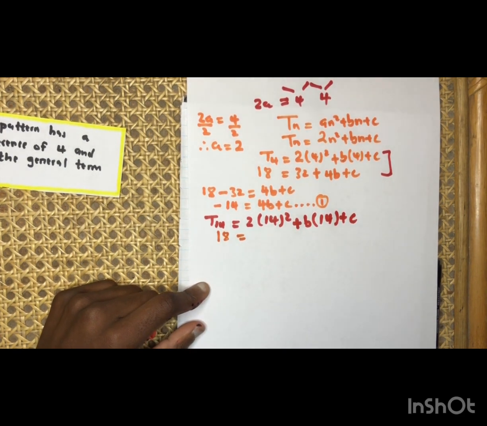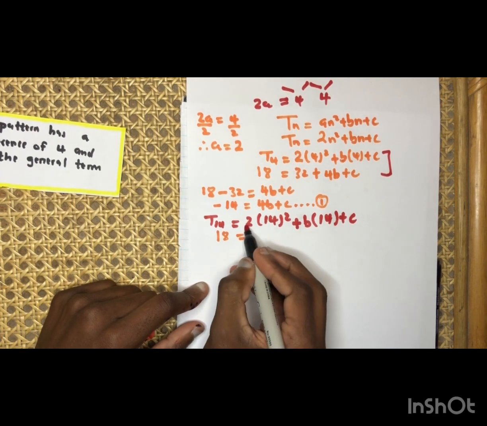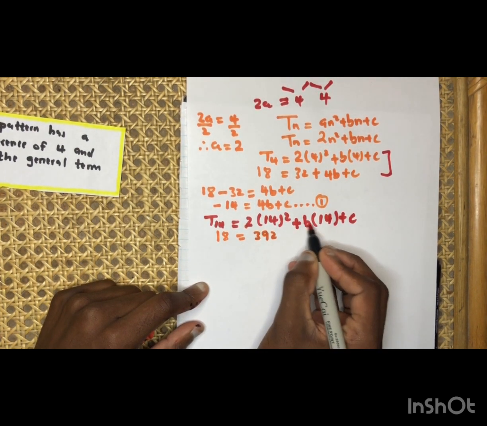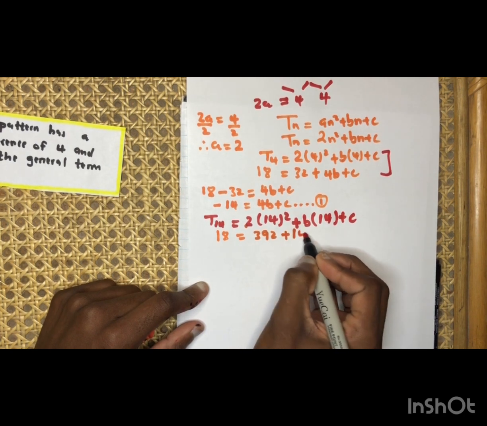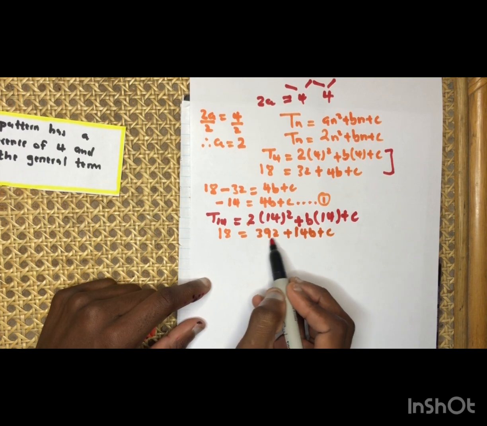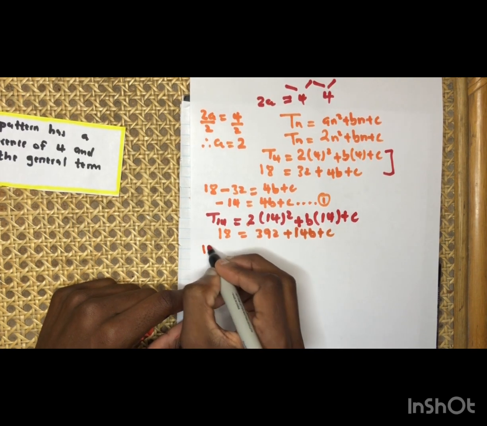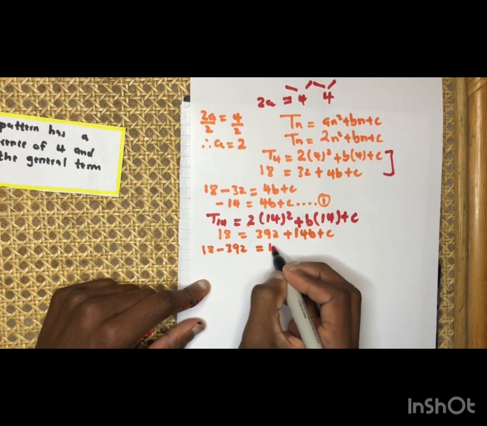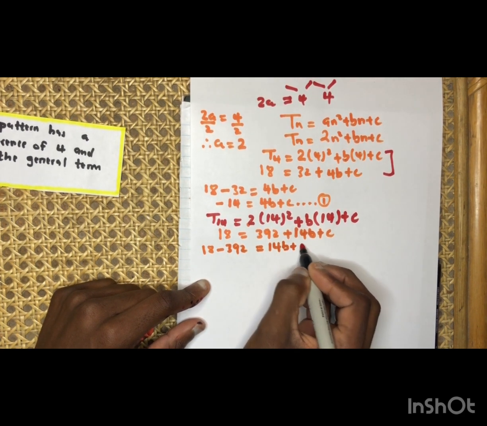So then 14 squared, what do we get? We get 196. Then we multiply by this 2, then we get 392. So b times 14, we get 14b plus c. Then we transpose this 392 to that side. So I'm going to have 18 minus 392 equals 14b plus c.